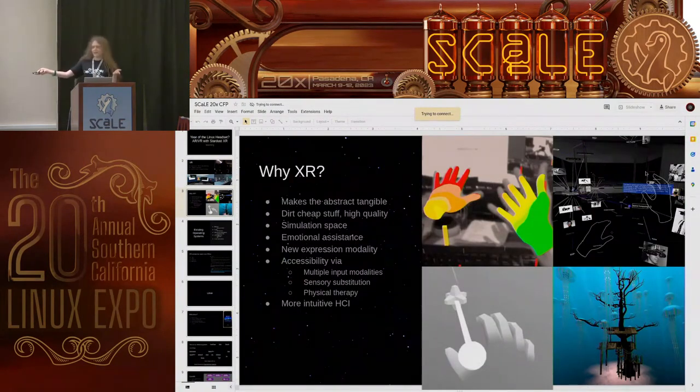But why is XR really compelling? Well, it makes the abstract tangible. This demo in the top left corner for those at home is C-Signal. You take your device that you wear, you walk around a bunch, and as you walk around, it collects sensor data.